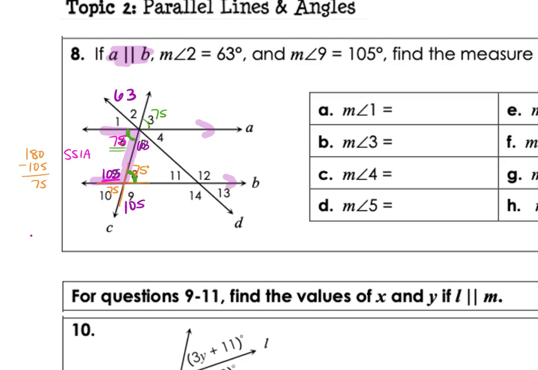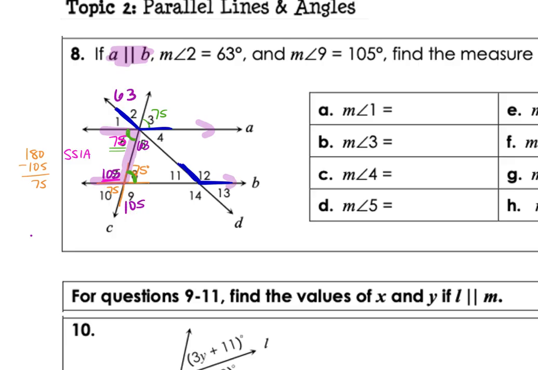And then here's where I go next, and you can totally disagree with me on this, but again, this is just the way my brain sees it. This angle, 2 and 3 put together, is corresponding to this angle. So if I put 2 and 3 together, it should equal 12.